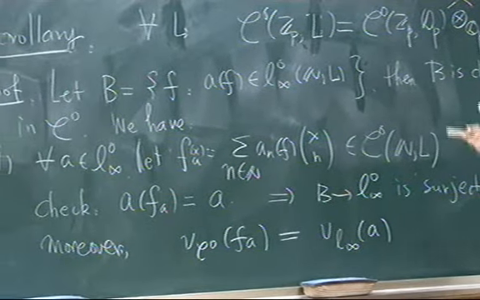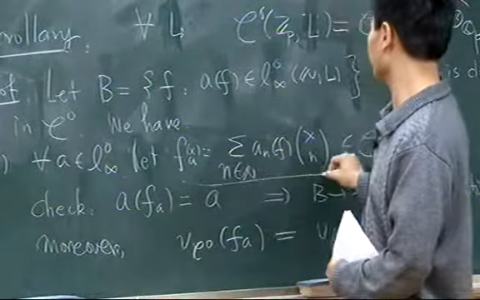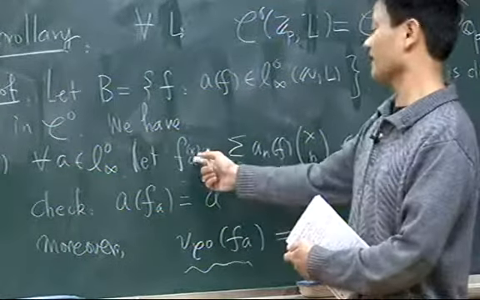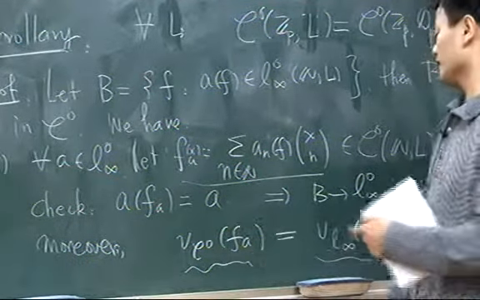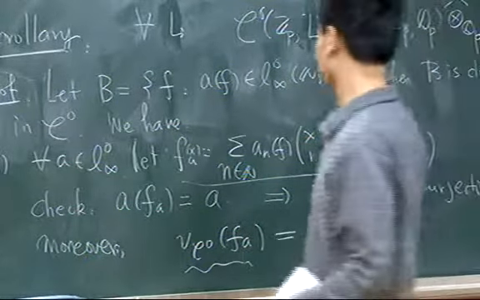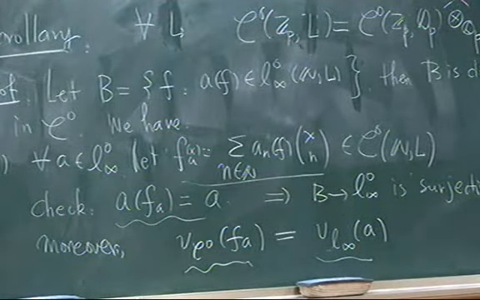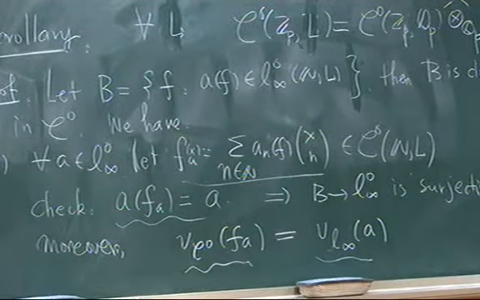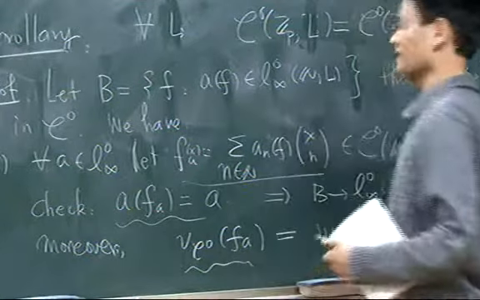Why? Because from this definition, taking the valuation and using the properties of valuation, you get that one side is bigger than or equal to the other. And because of the other property, the valuation gives the inequality in the other direction. Since you have inequalities on both sides, you must get an equality.